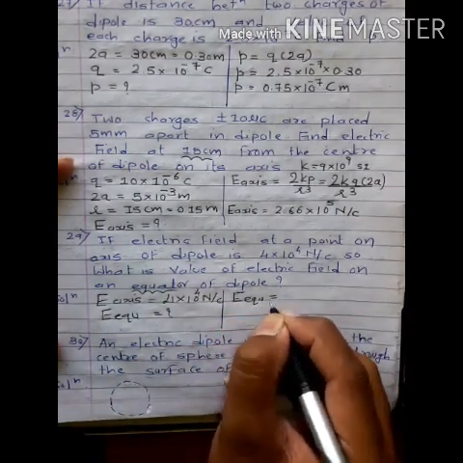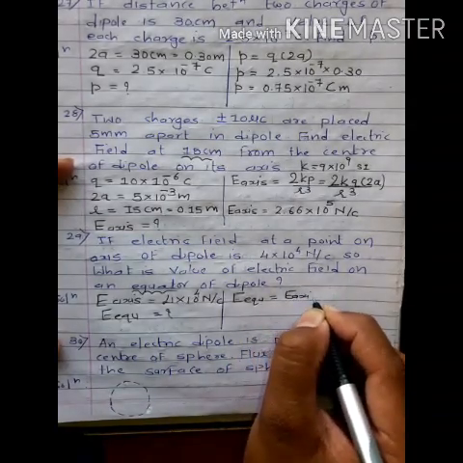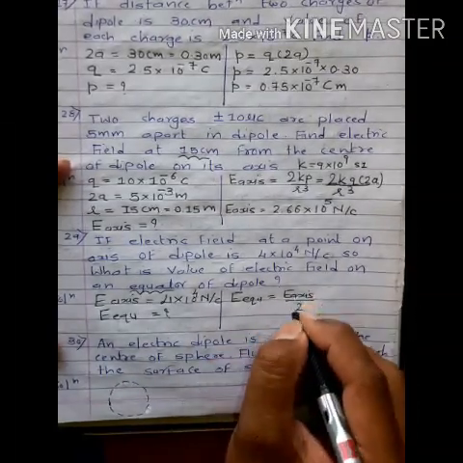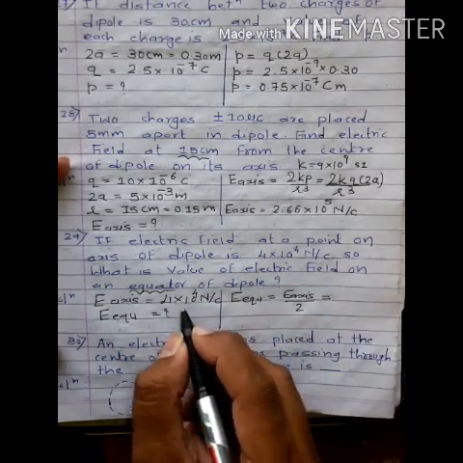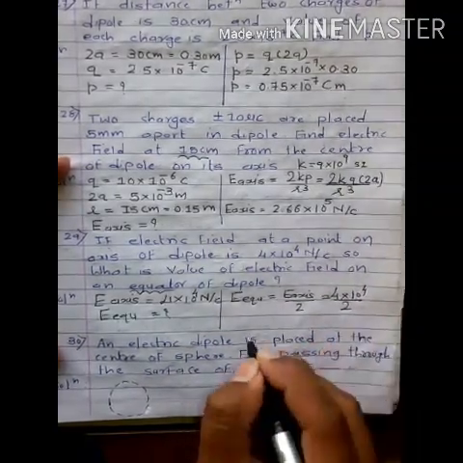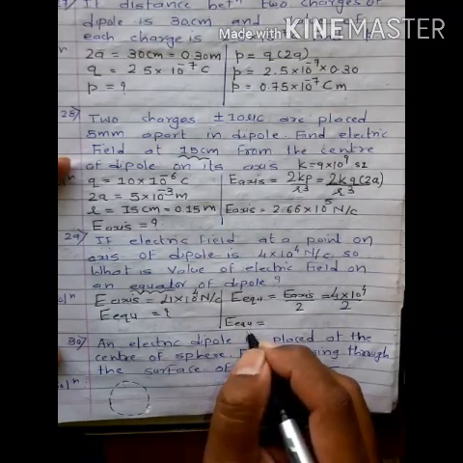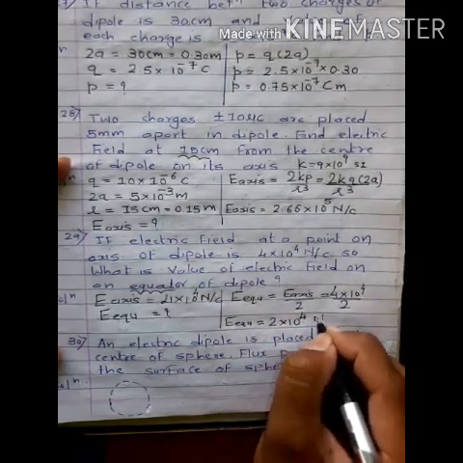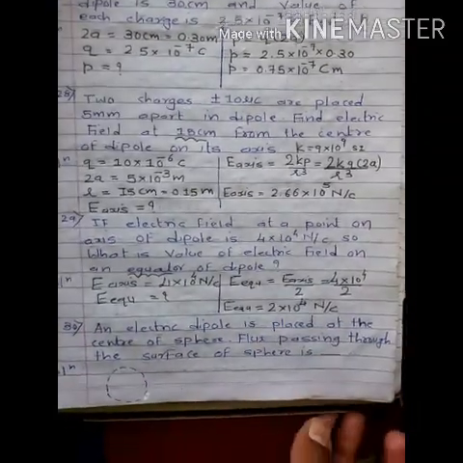The equatorial electric field for a dipole is equal to the axial electric field divided by 2. So the equatorial electric field is half of the axial electric field. The axial value is given as 4 into 10 to the power 4, divided by 2. So your answer is the electric field on the equator is equal to 2 into 10 to the power 4 Newton per Coulomb. Remember this simple equation.